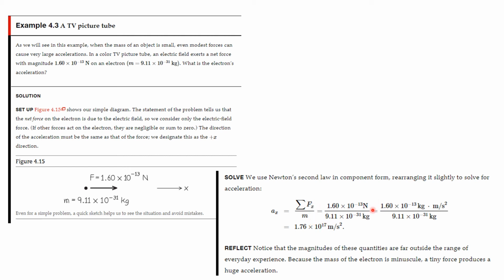We're taking 1.6 times 10 to the minus 13 newtons divided by 9.11 times 10 to the minus 31 kilograms. The units are kilogram meters per second squared over kilograms, so the kilograms cancel. Dealing with the exponents, 10 to the minus 13 over 10 to the minus 31 is 10 to the 17th. So the answer in scientific notation is 1.76 times 10 to the 17th meters per second squared.